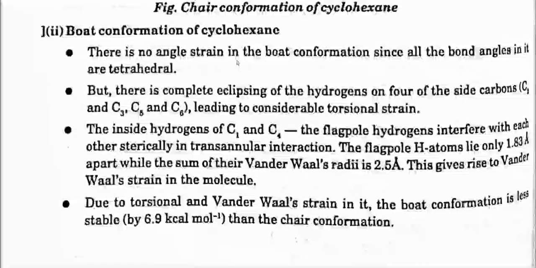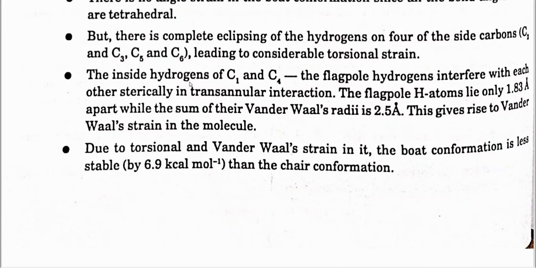Boat conformation of cyclohexane. There is no angle strain in the boat conformation since all the angles in it are tetrahedral, but there is complete eclipsing of the hydrogens on four of the carbons, C2, C3, C5 and C6, leading to a considerable torsional strain. The inside hydrogens on carbon 1 and carbon 4, the flagpole hydrogens, interfere with each other sterically, a transannular interaction.